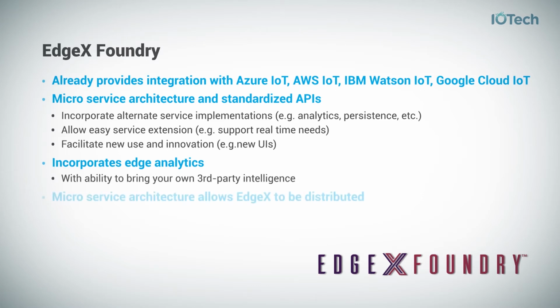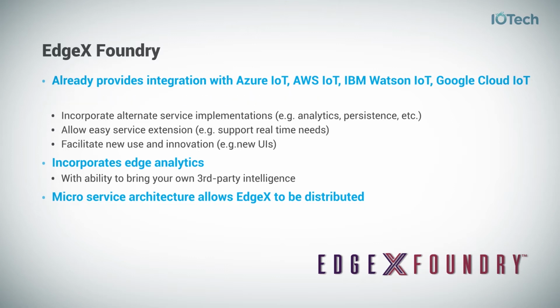And the microservice architecture supports the ability to distribute EdgeX across whatever compute hosts are available. EdgeX was conceived to run entirely on edge gateways, but its architecture allows one part of the platform to run on the edge, while other parts run in the cloud if necessary, and supported by the use case.